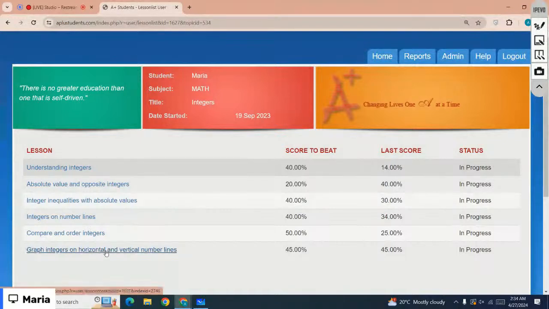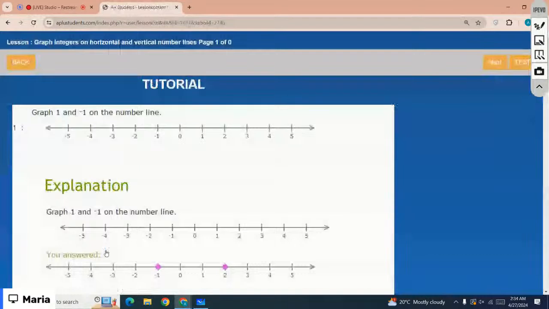Okay, the next one is graph integers on horizontal and vertical number lines. The correct option is graph 1 and negative 1 on the number line.